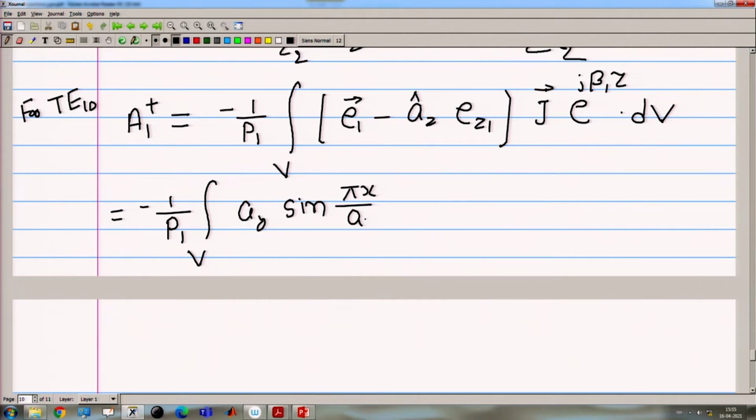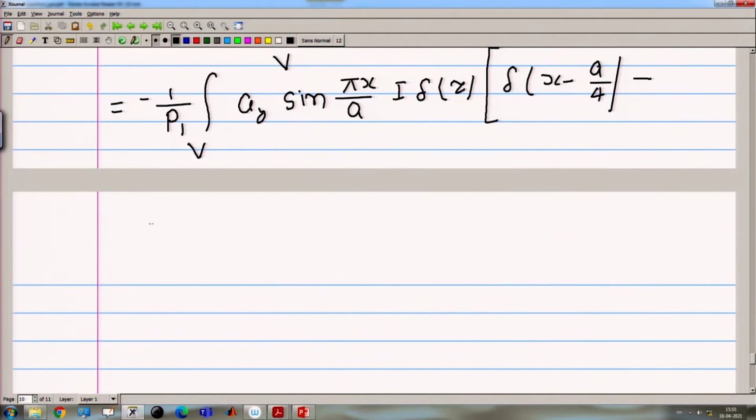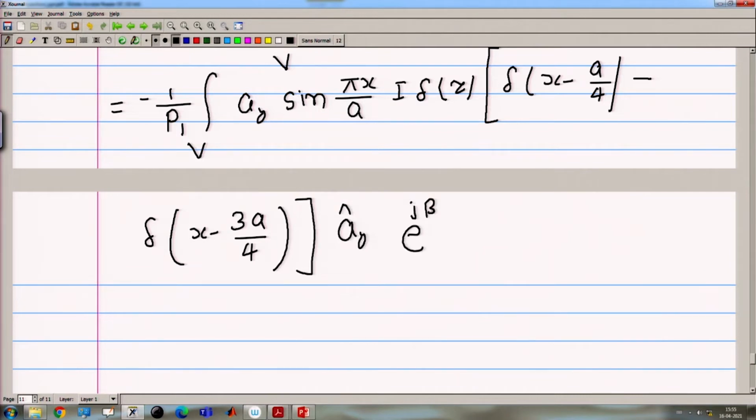So, that term we can write into I of del z, del of x minus a by 4 minus del of x minus 3 a by 4 into a by e to the power j beta 1 z into dx dy dz.